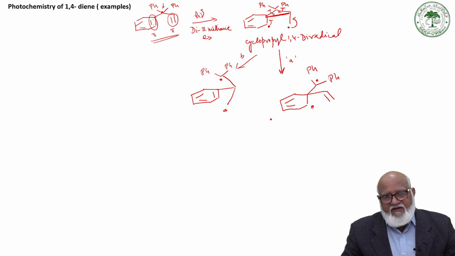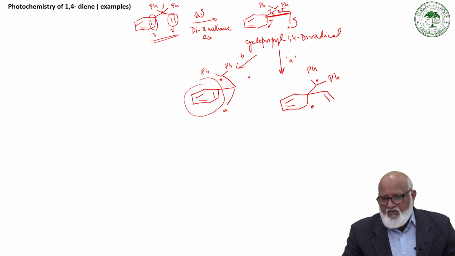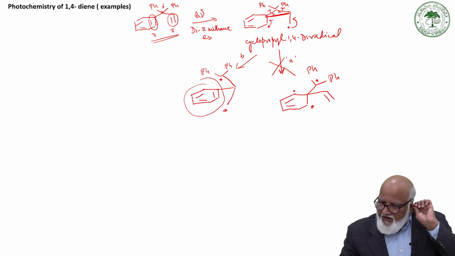So if you look at the stability, there is preferential formation of one, because if we make a double bond here and cleave this, it is going to be preferred over the other, because here we are going to retain the aromaticity of the benzene ring. So here this will not take place.